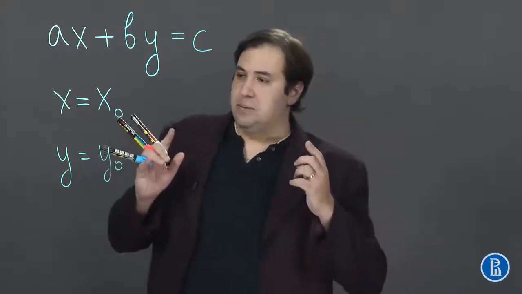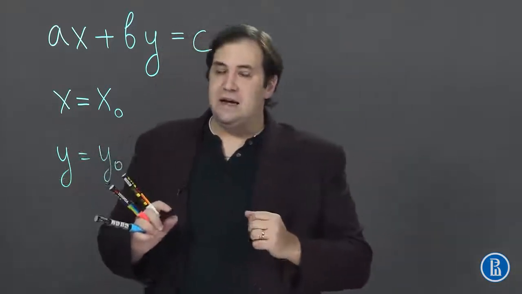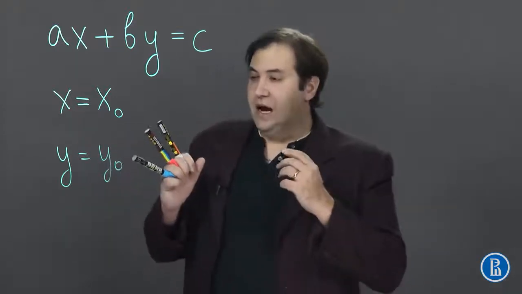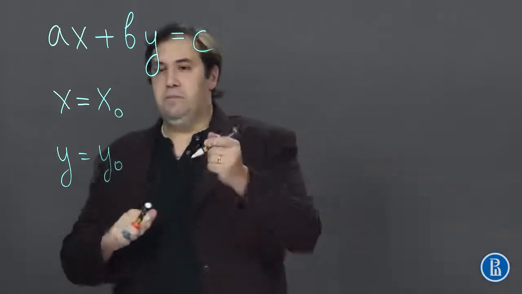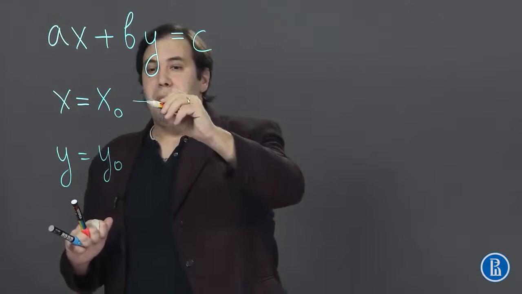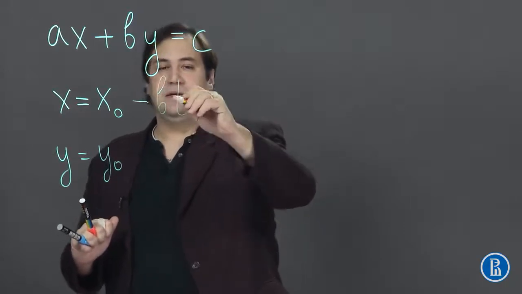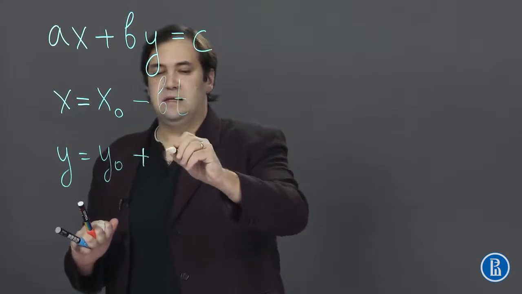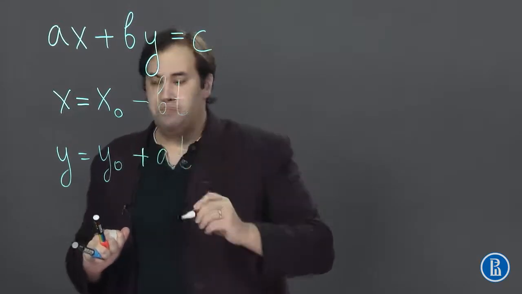If we take a particular solution, then all of the solutions of this equation are given by the formula x is equal to x0 minus bt, y is equal to y0 plus at.